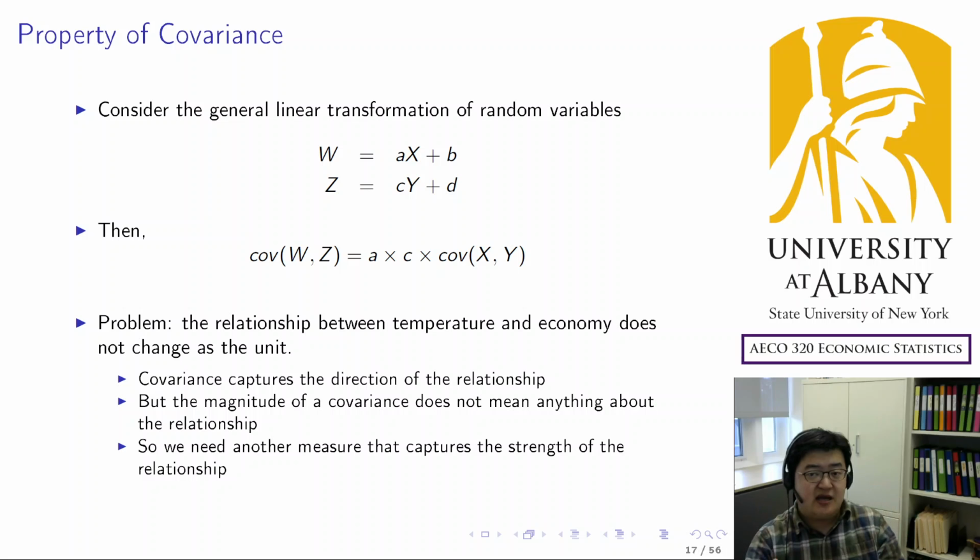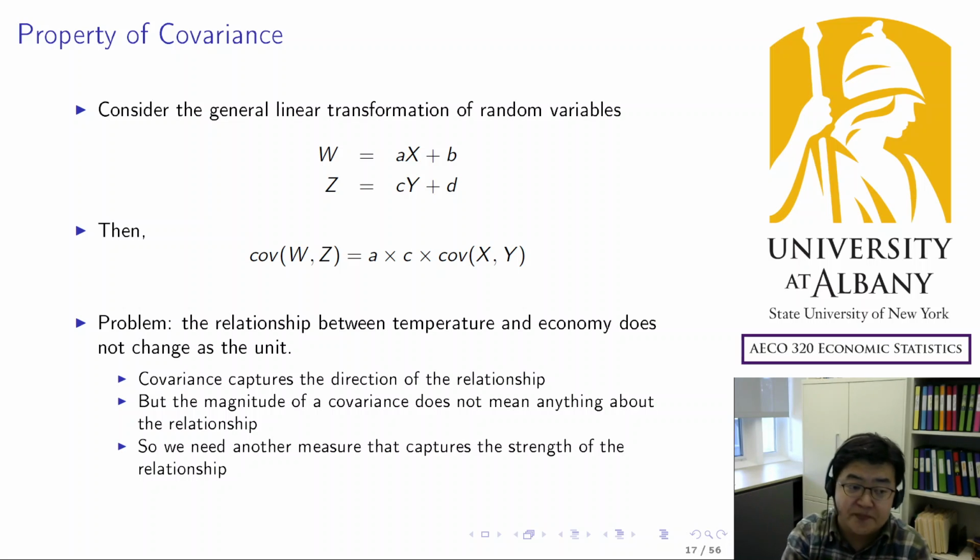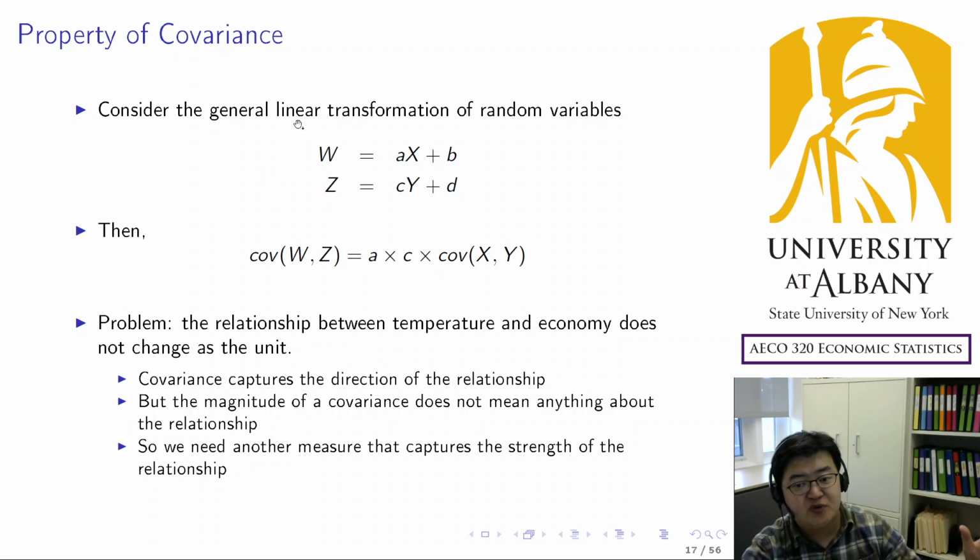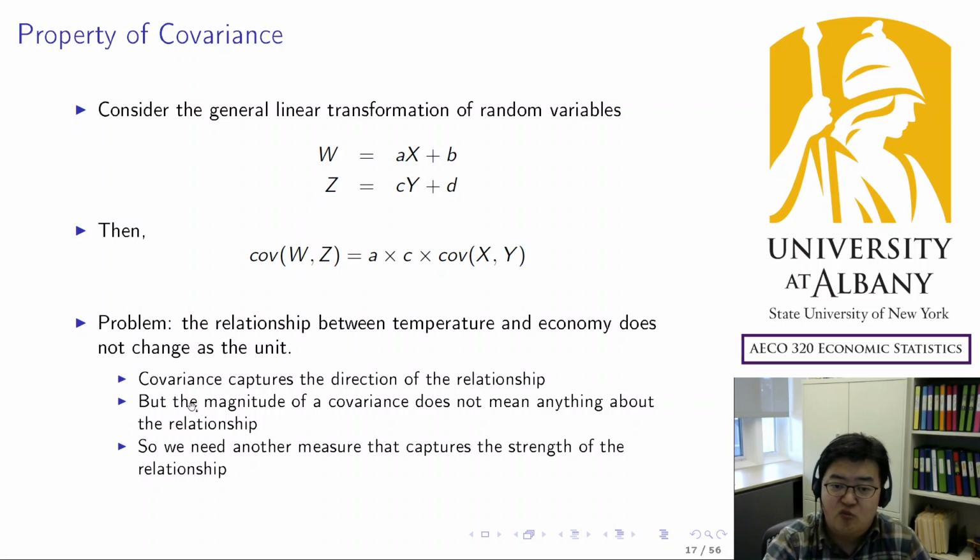We are using the same data. So changing units does not change the relationship at all. The underlying relationship must be the same, but the covariance changes, even if the underlying relationship should not change. That is a problem.